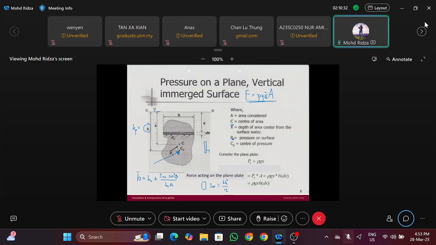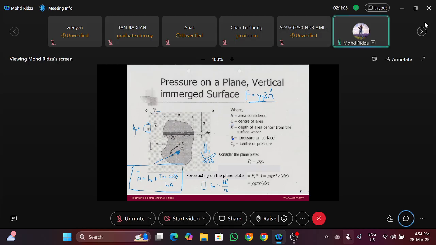But if you have an object which is like this, at some angle, 30 degree, the force will be in this direction, because if you remember, the force or pressure always acts perpendicular to the object. So this 30 degree, you plug into this. A is the area of the object. So you have to use this equation to identify the point where the force acts.